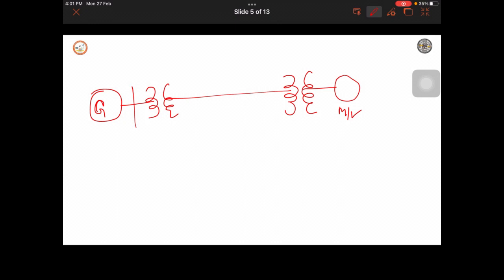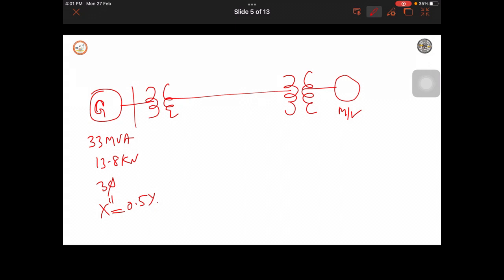Here, the generator rating I will write from the previous given problem: 33 MVA, 13.8 kV, 3 phase, reactance is 0.5%.